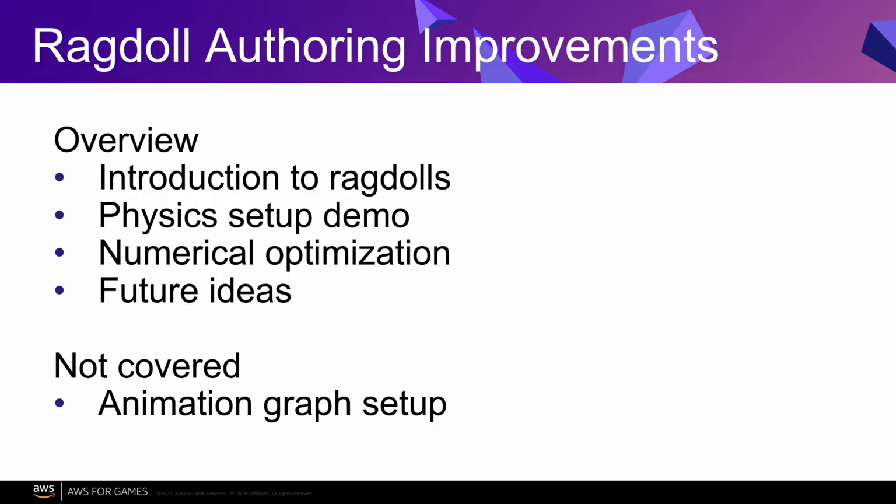I'll talk a little bit about the technical background to some of the automatic setup features that have been added, and then I'll finish up by talking about some ideas for future improvements to the Ragdoll authoring workflow. Just want to highlight that one thing I'm not going to cover is how to add a ragdoll to an animation graph.